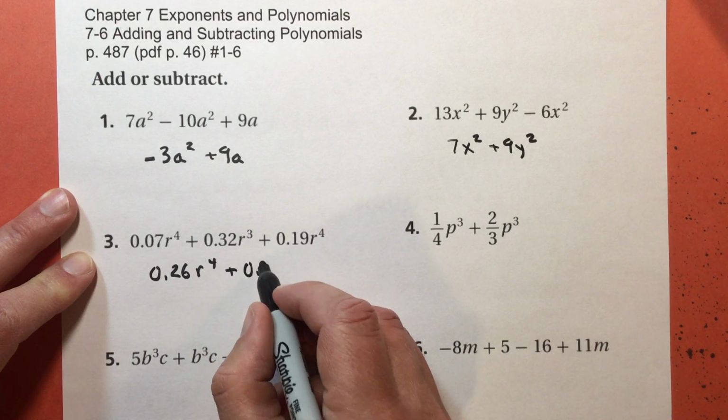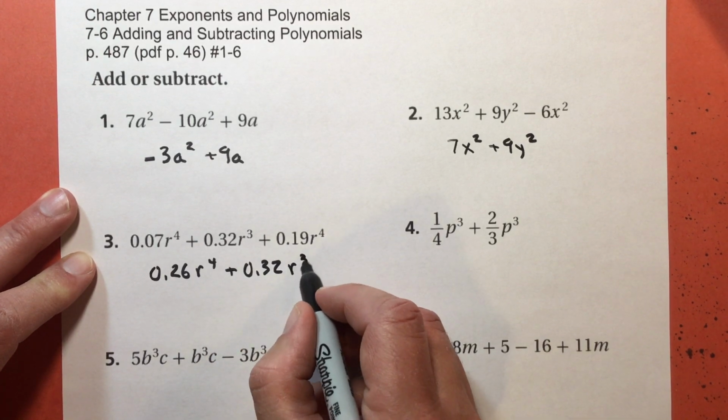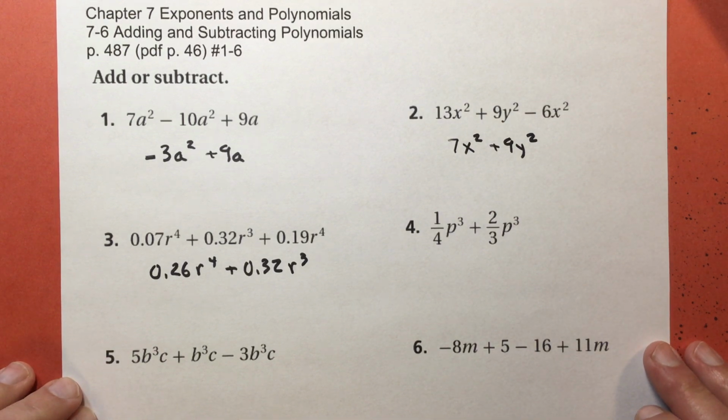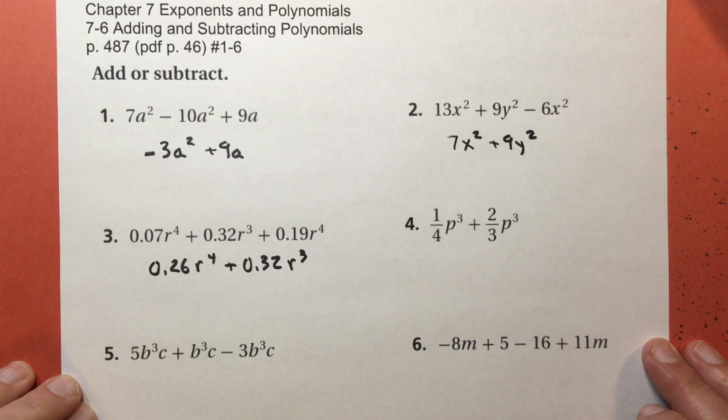And the 0.32 r to the 3rd power doesn't get affected. Those are different shapes. And I keep referring to them in terms of different shapes, but I should say they are not like terms. And hopefully by now you know what I mean by like terms.